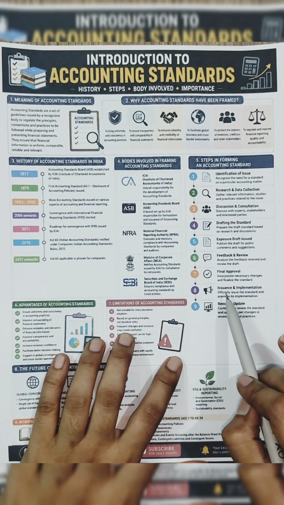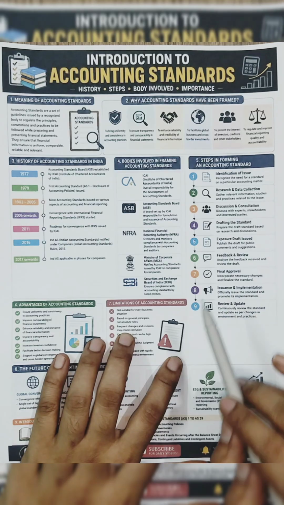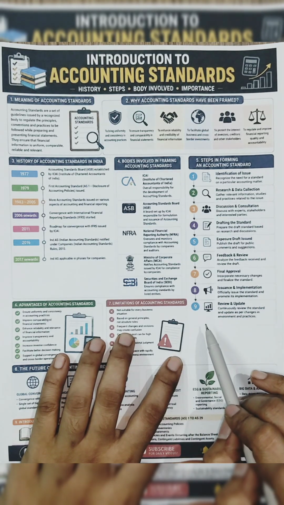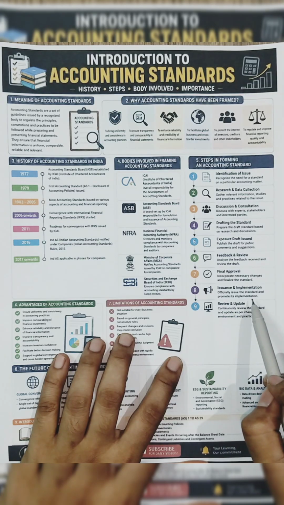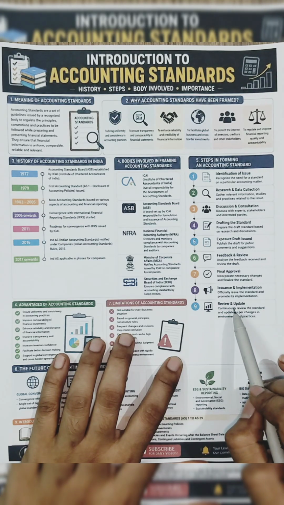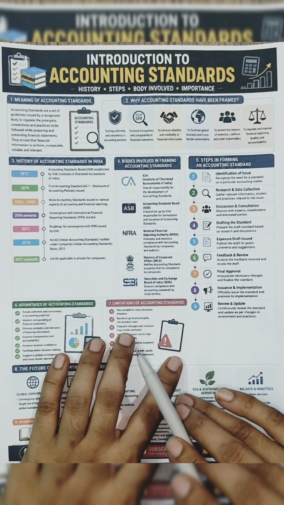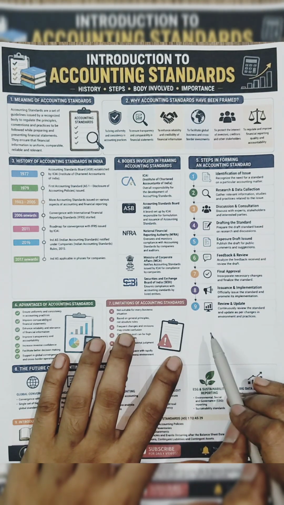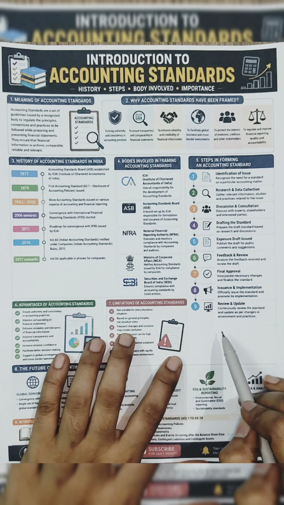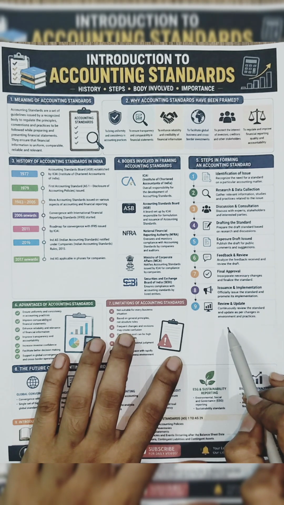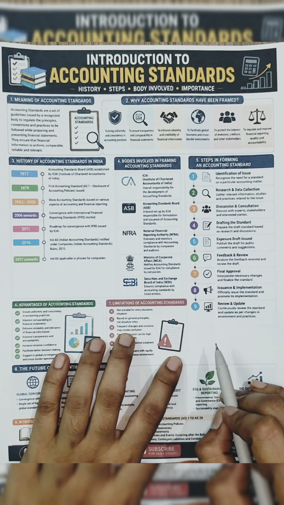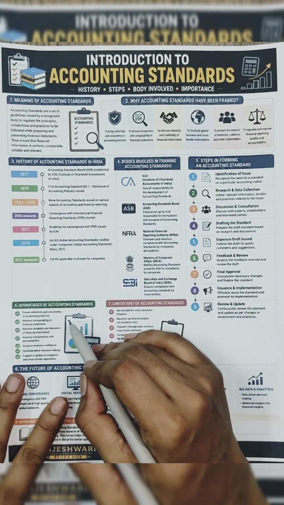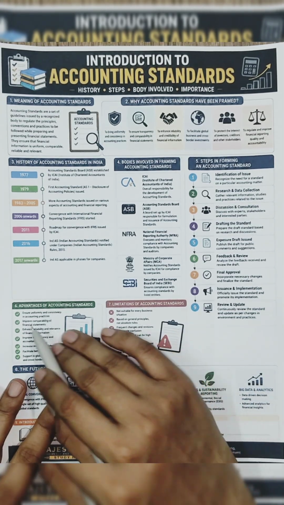Final approval: they will incorporate necessary changes for finalizing the standard. Then issuance and implementation: official issue of the standard for implementation. Review and update: the standard is continuously reviewed and updated as per the changes in the environment and practices.